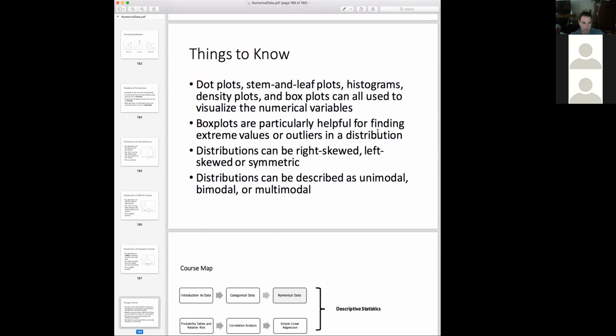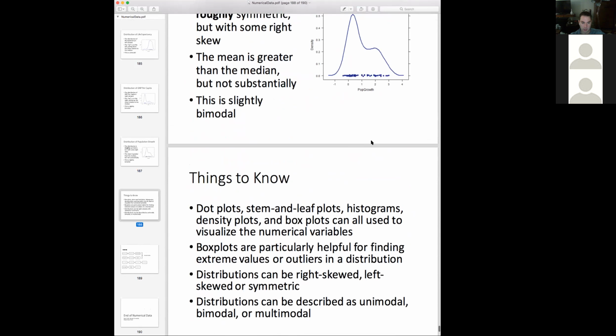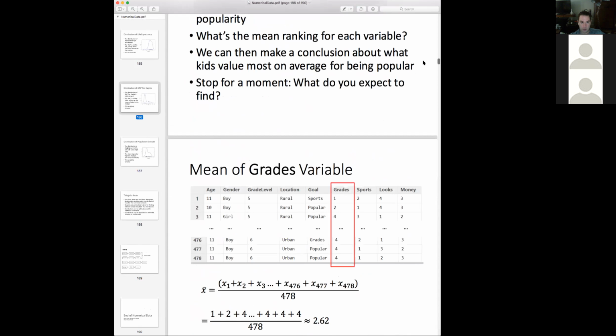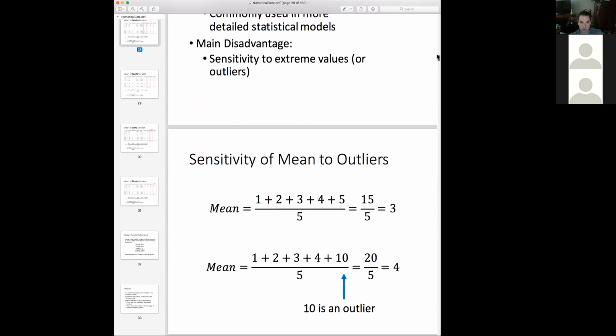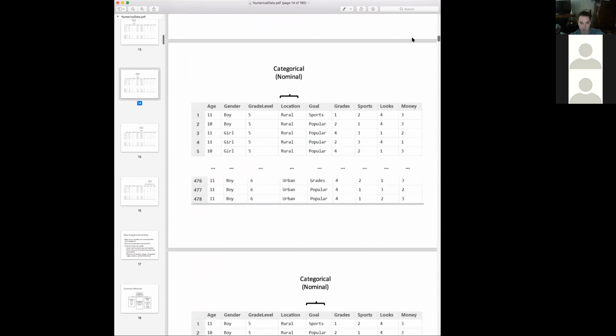So that was the visual representation of the different ways we can display data. The big takeaways here: we learned how to summarize our data using the mean, median, and mode to represent the center.